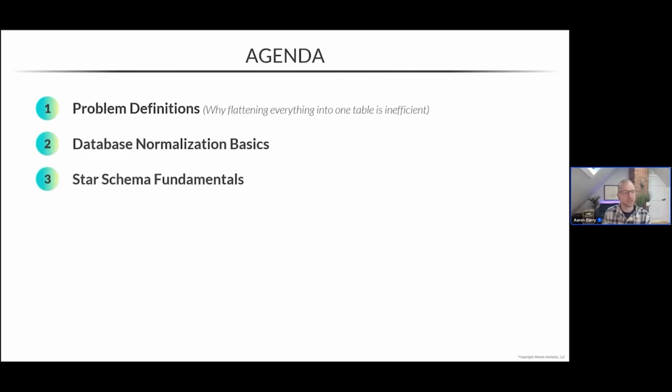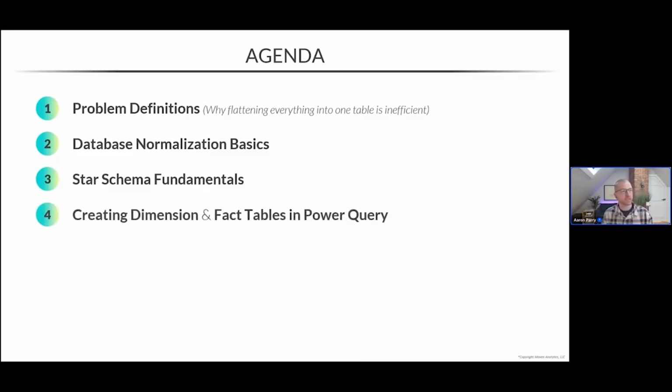We'll talk about the best design, if you will, a little bit of foreshadowing there, this star schema, and we'll talk some about the fundamentals there. We're going to talk about creating dimension and fact tables in Power Query. So part of the demo, we'll actually walk through how to take that wide merged table and break it down into its component fact and dimension tables.